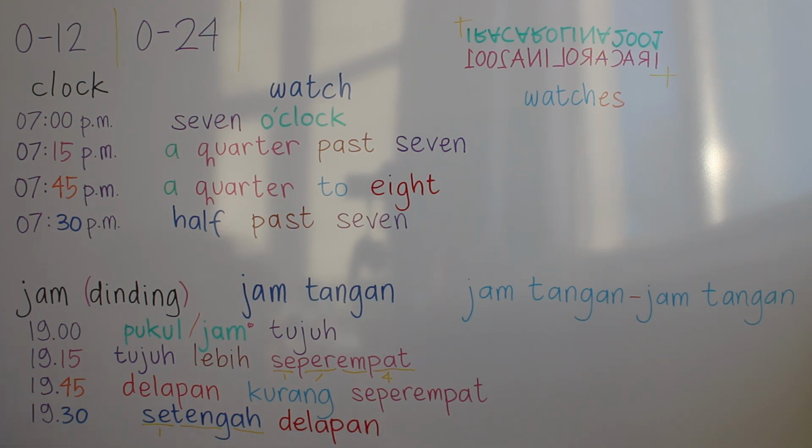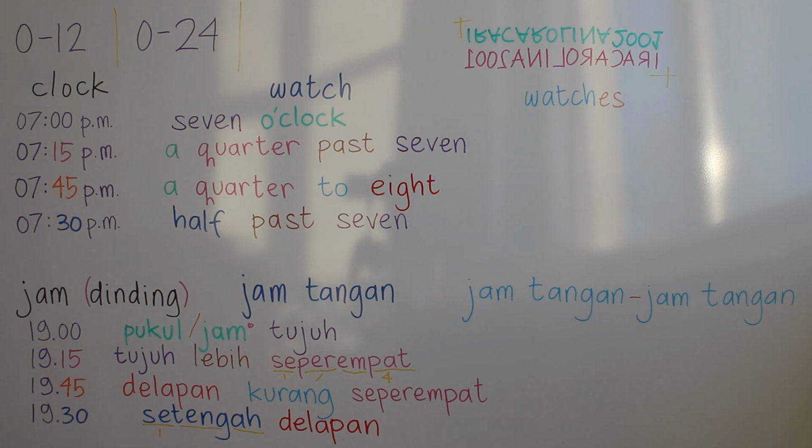Half 8. We use this because we inherited it from Dutch, because in Dutch they also use half and then 8 instead of 7:30 in English.